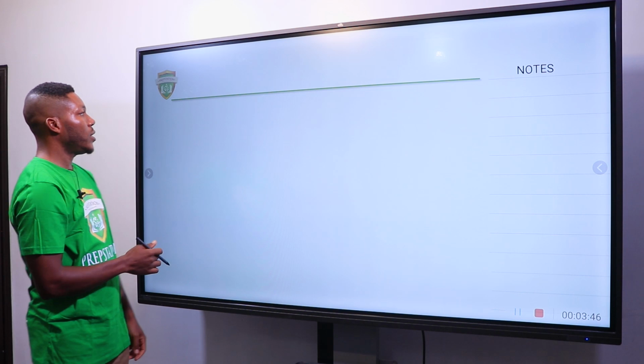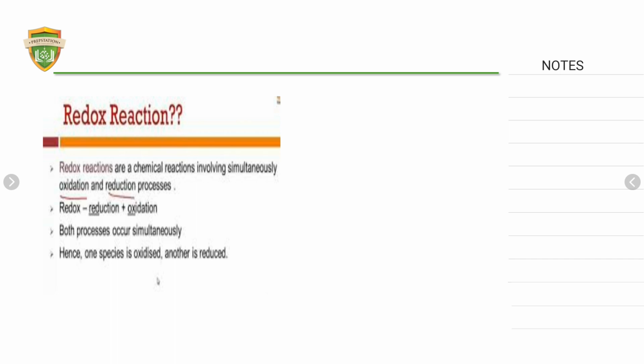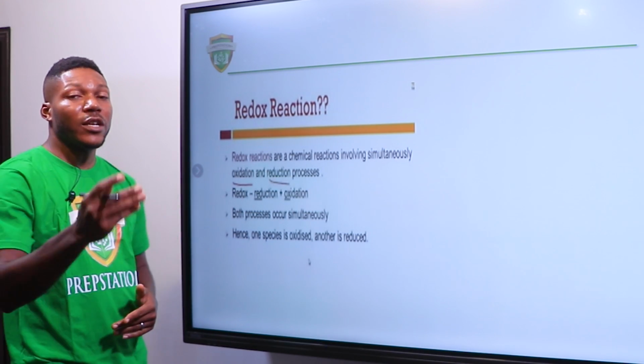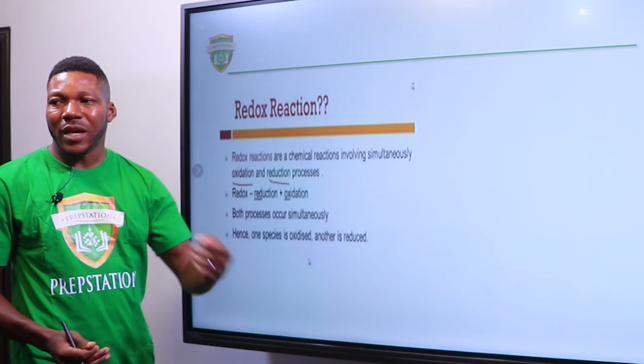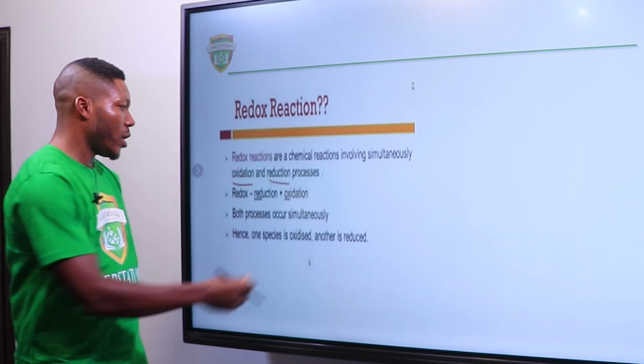Okay, firstly, what is reduction? A redox reaction involves a chemical reaction in which reduction and oxidation occur simultaneously. Now, not all reactions are redox. It can only be a reaction in which there is a transfer of electrons, in which one substance is oxidized and another substance is reduced.